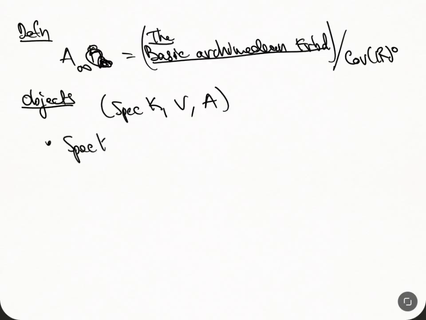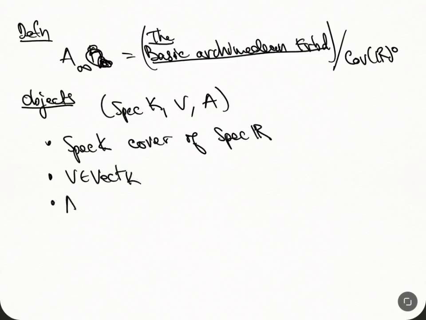Spec K is a cover of spec R, and V is a K vector space, and A contained in V is an angular region.